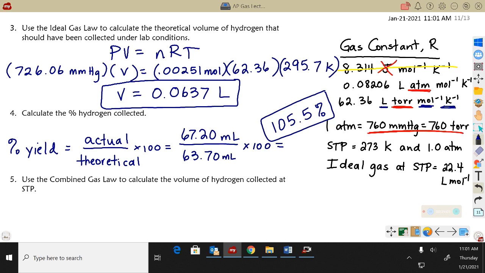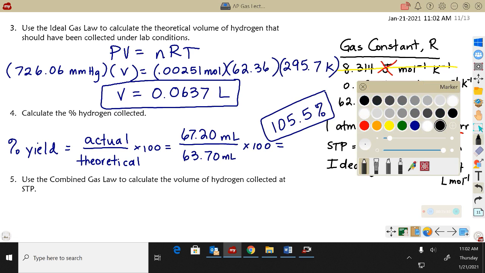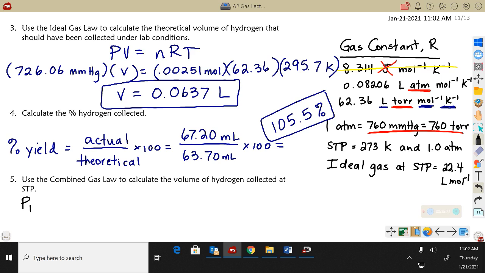All right, number 5. Number 5 is having us use this combined gas law. And I'll tell you right now that it's not in the packet, so you're probably not going to have to do this in a typical AP free response. But for the lab, eventually I'll show you what we're trying to do here. So the combined gas law looks like this, and maybe you used this in first year chem.